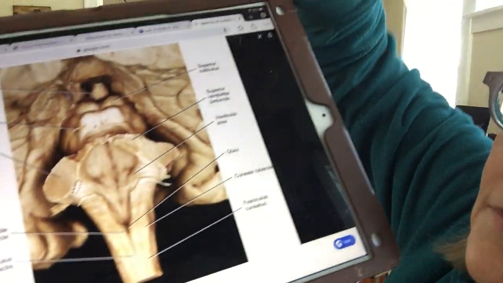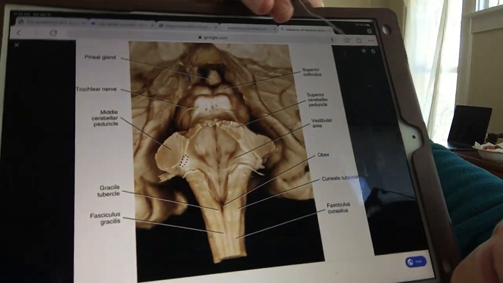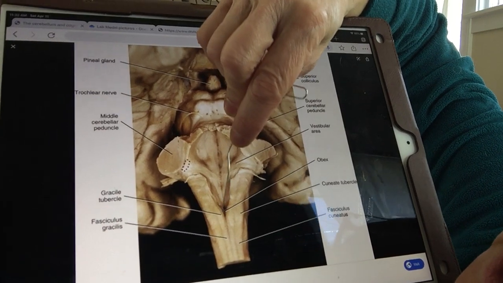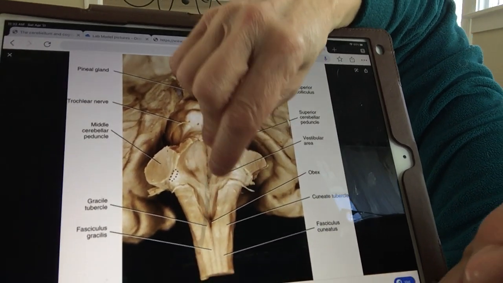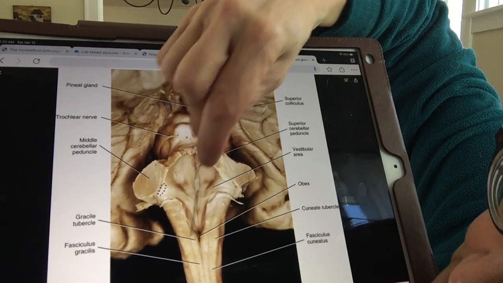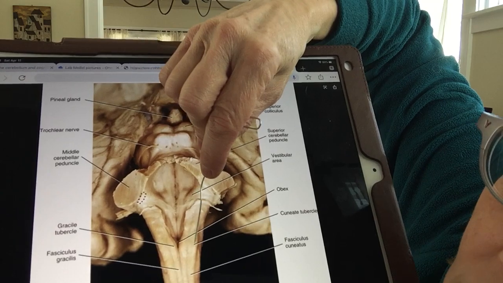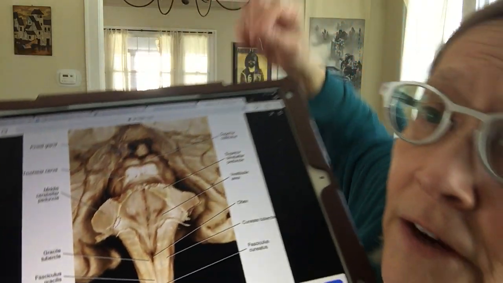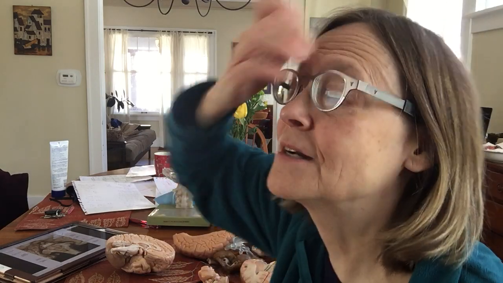So here we have, hopefully that can kind of focus on them, all right. This in the middle is the tubercle of the nucleus gracilis, and that tract goes down in the middle. And then right lateral to it, here on this side, is the tubercle of the nucleus cuneatus, and that goes down there. Okay, and those are pretty hard to label. I don't think we'll be able to label them on the quiz next week.